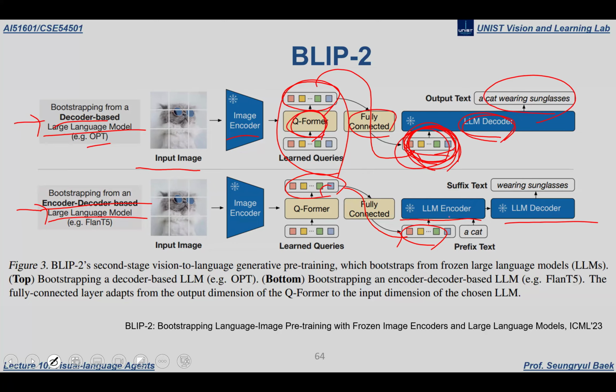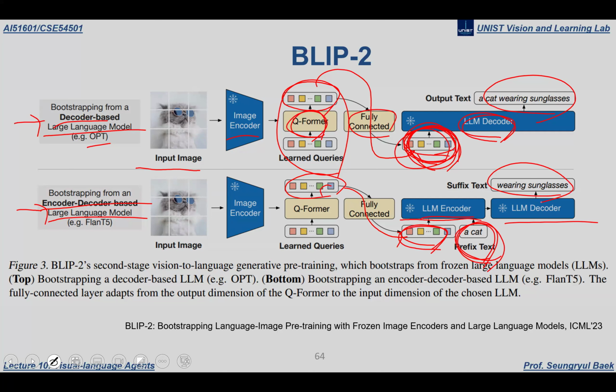Also, when LLM encoders are available, they can encode other text signals too. So they can mix the first part of the text with the vision signals and then generate some new text output.